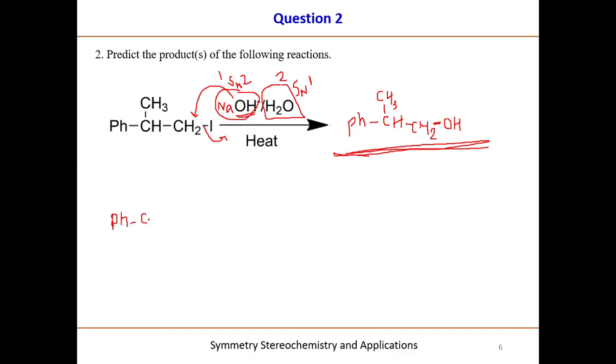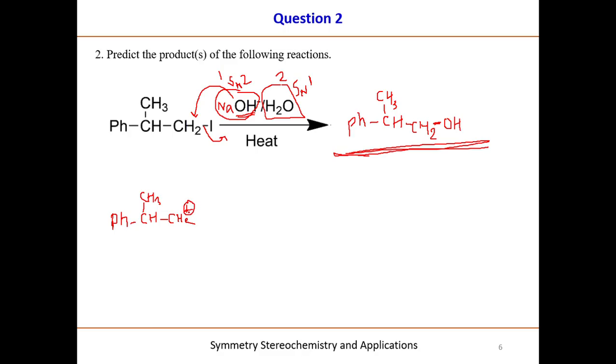The rate of the SN1 pathway depends on the concentration of the substrate only, or we can say the alkyl halide. When this leaving group leaves, the carbocation formation takes place. So here we will get the primary carbocation.